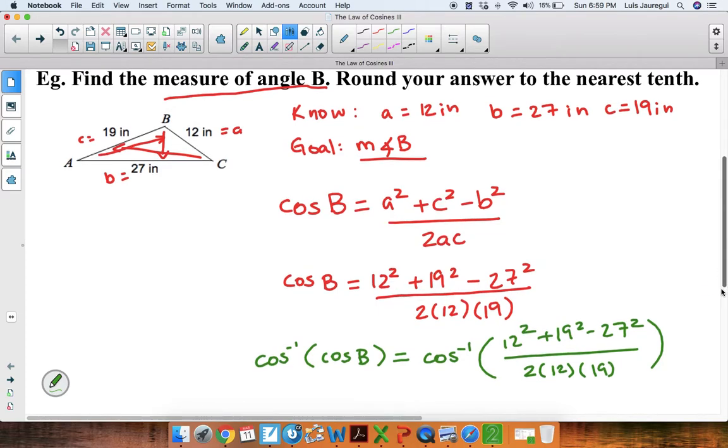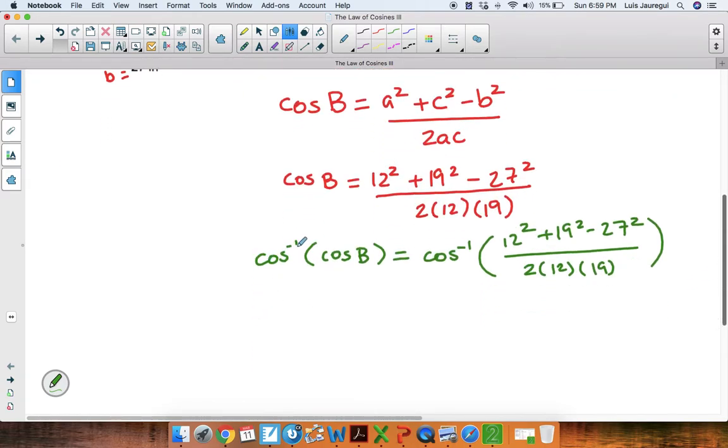Once we do the composition, the cosine and the cosine inverse cancel each other, so that will just give you B. So B is equal to cosine inverse of 12 squared plus 19 squared minus 27 squared over 2 times 12 times 19.